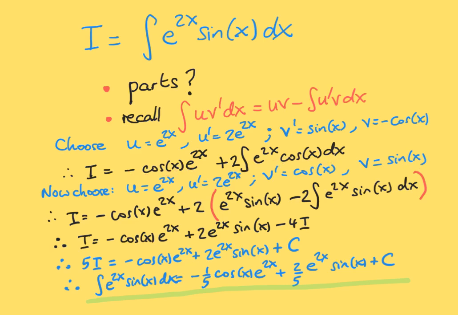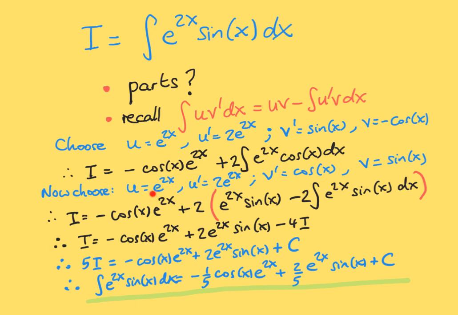We write out minus cosine of x e to the 2x plus 2, and now the 2 is going to multiply both the terms in the integration by parts formula. So I think it's very good practice to open big brackets, write out these terms, close the big brackets, and sort it out on the next slide.